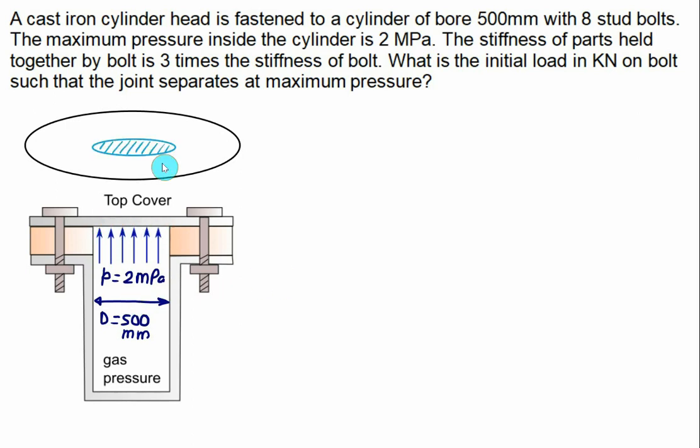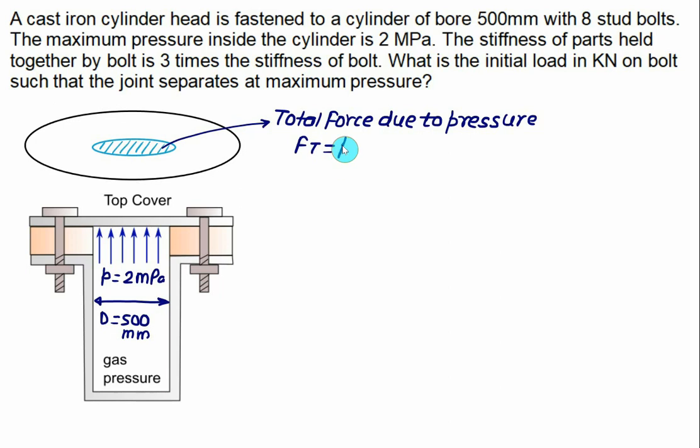So we can calculate here the external force, that is the total force acting. So we have F total equal to the pressure multiplied by pi by 4 into diameter square, that is the diameter of the cylinder. From this, pressure is known to us as 2 Newton per mm square, multiplied by pi by 4 multiplied by D square, 500 square of it.